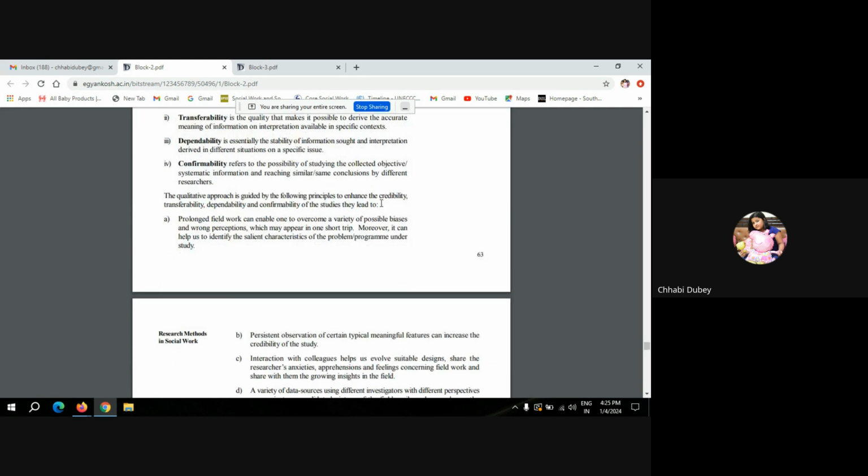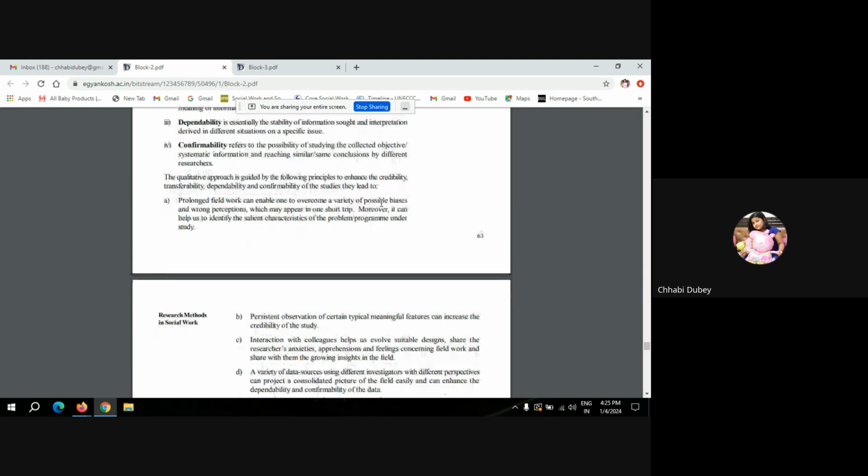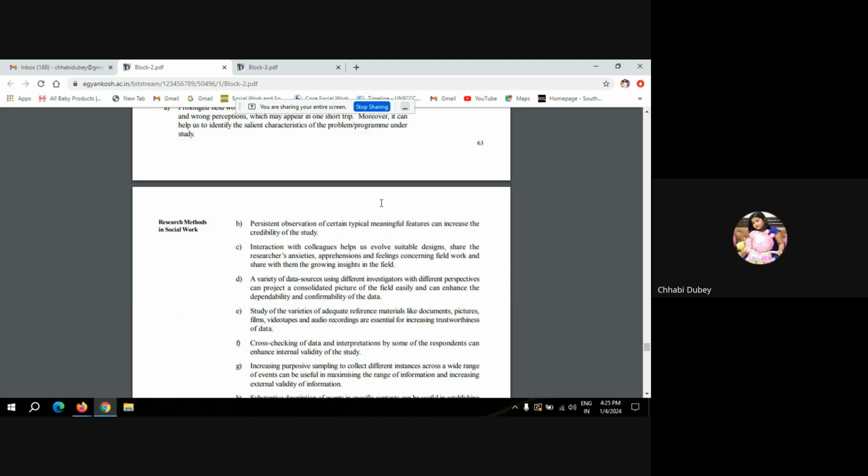Now there are certain principles that are there to enhance the credibility, transferability, dependability, and confirmability of qualitative studies. The first is prolonged field work. The more field work we do, the more possible it is to bring about all these major qualities. Second is persistent observation.